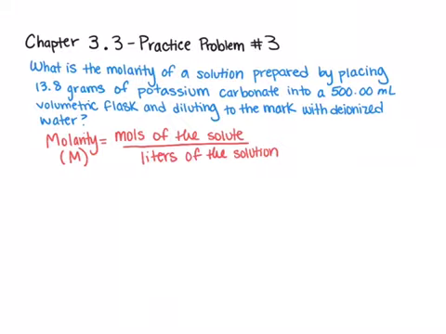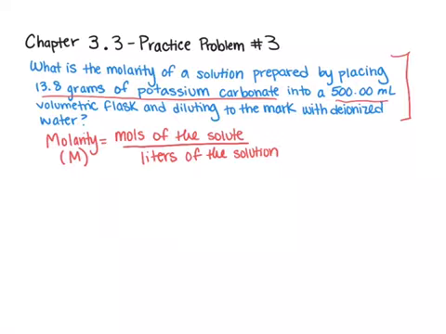However, if you look back into the problem, we aren't given either of these values. We will need to use what is given and convert it to units that we can use to calculate molarity. Instead of moles, we are given grams of the solute, and instead of liters, we are given milliliters.